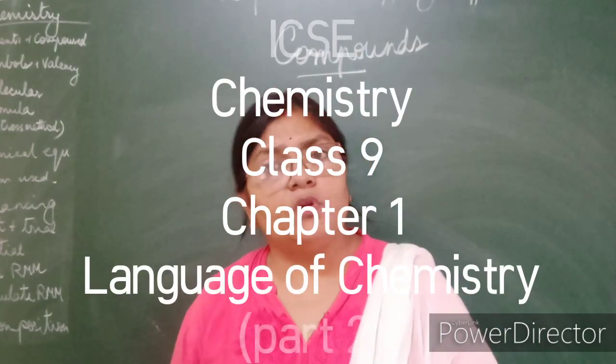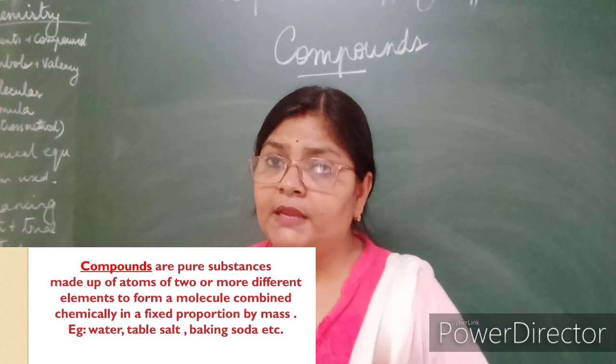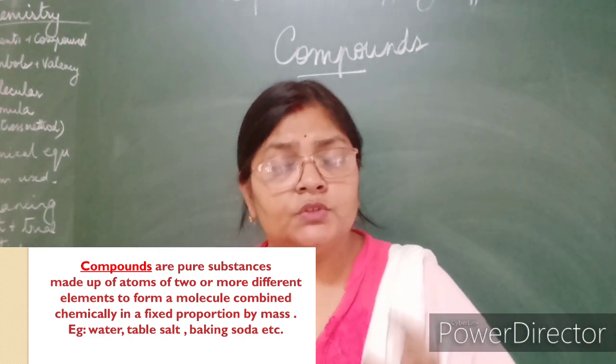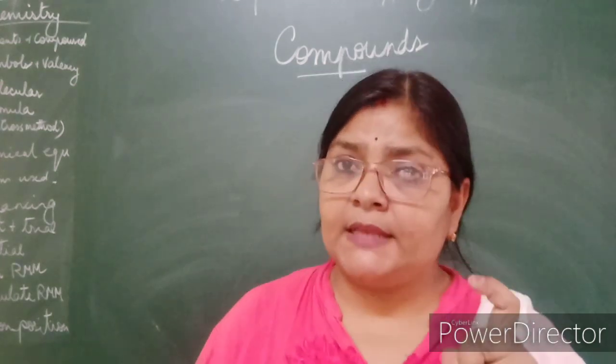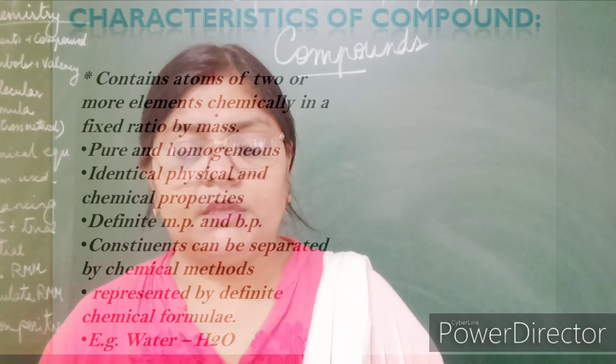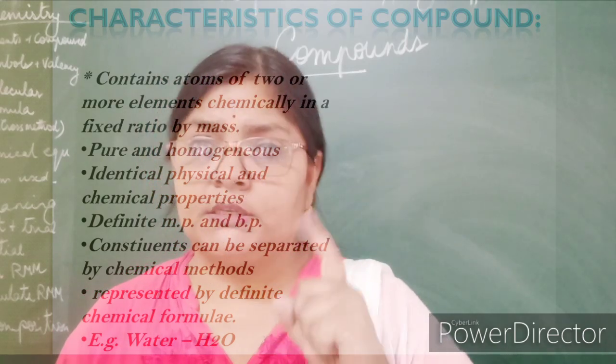So compound is a pure substance made up of two or more elements combined in a fixed proportion by mass. Fine. So here, it has some characteristics. The compound is homogeneous. It is always the same.